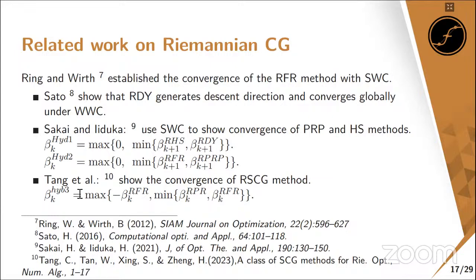So recently, Tang in 2023 showed the convergence of an RCG method, whereby they incorporated the concept of spectral into the Riemannian CG structure, and show the global convergence and sufficient descent of the method, as well as a computational analysis based on this hybrid parameter.